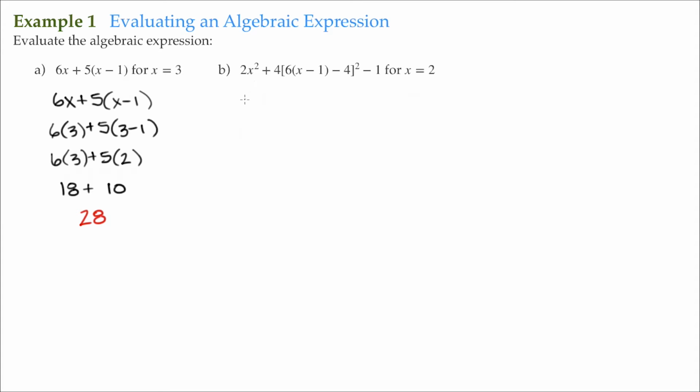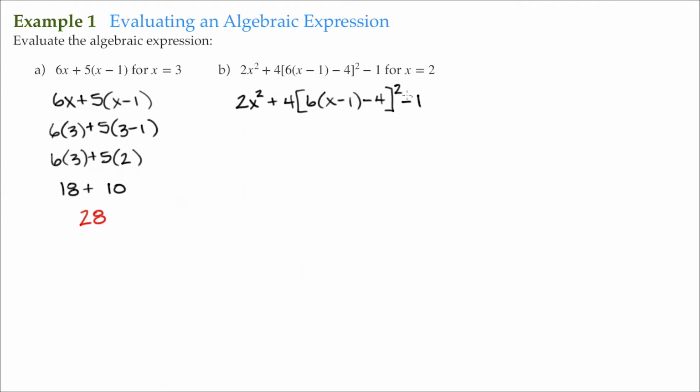So again, I'm just going to rewrite it out. 2x squared plus 4 times 6 times x minus 1 minus 4. And then we close off that grouping symbol. And we could say this as overall squared because this is overall being squared. What's in the grouping symbols here, the brackets, minus 1.